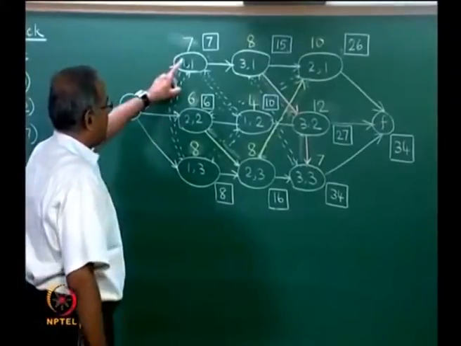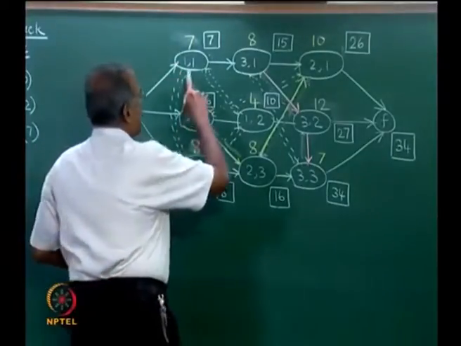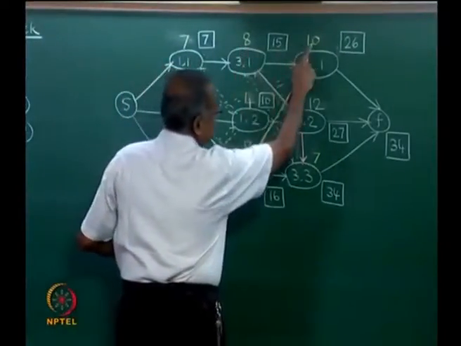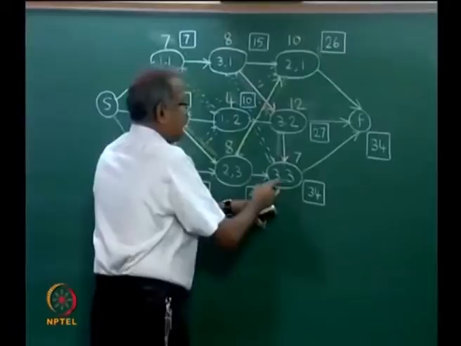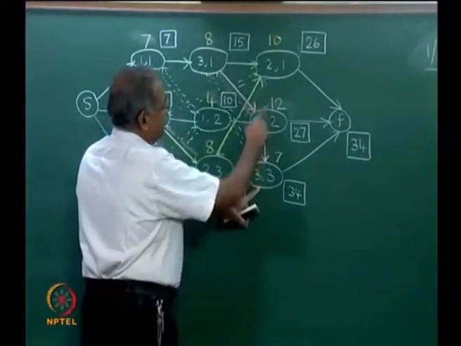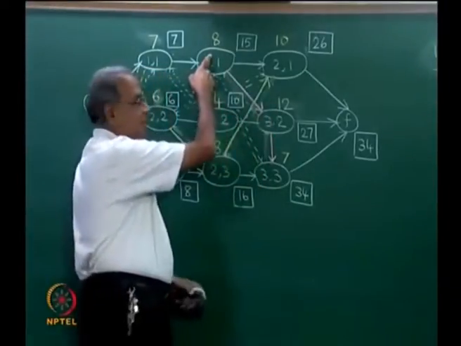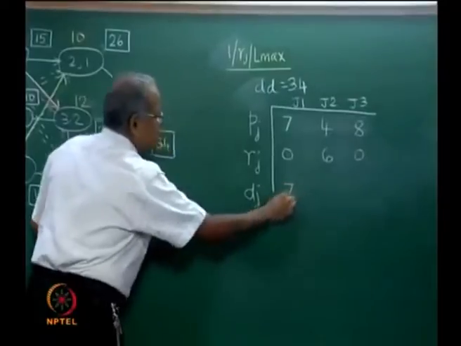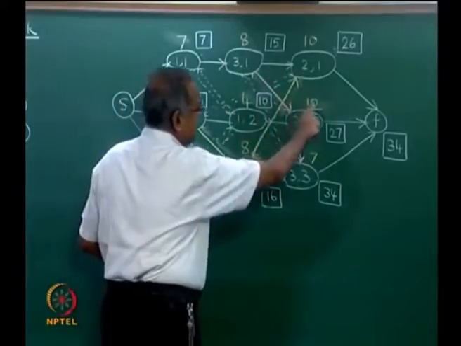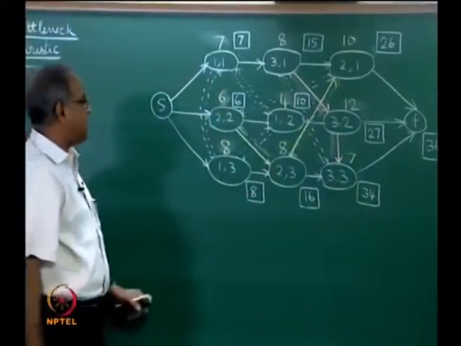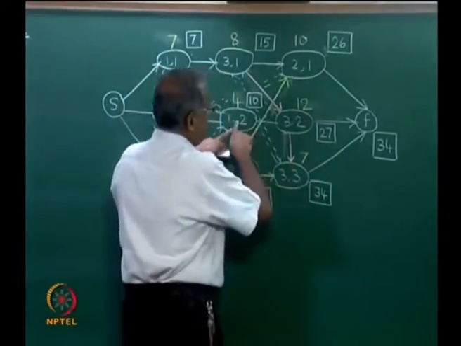Now when we look at this, the longest path that connects will be 7 plus 8 15, plus 12 27, plus 7 34. So 34 minus 7 is 27, 27 minus 12 is 15, 15 minus 8 is 7. So the due date for this will have to be 7. Now as far as this is concerned, the longest path would be from here.